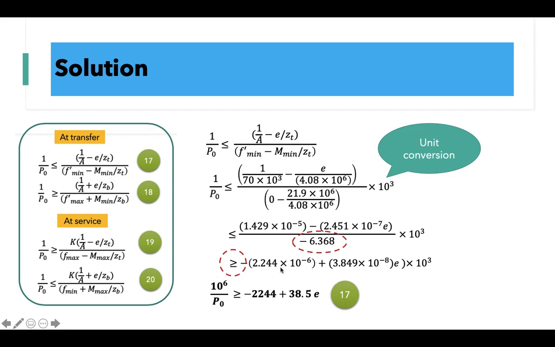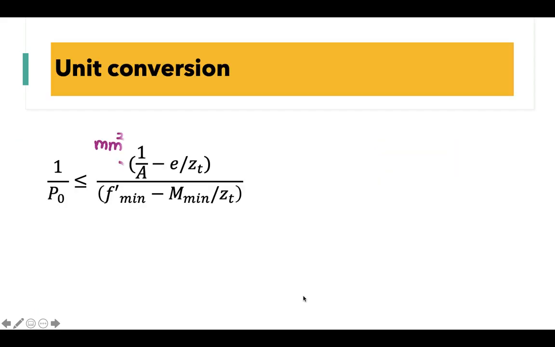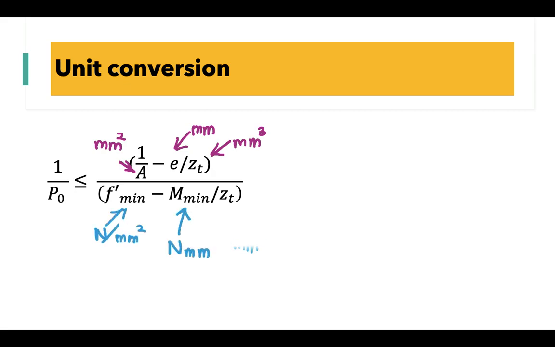This is the new equation. When we rearrange equation 17, we have 10 to the power of 6 divided by P naught is larger or equal to negative 224 plus 38.5 E. So this is for equation 17.